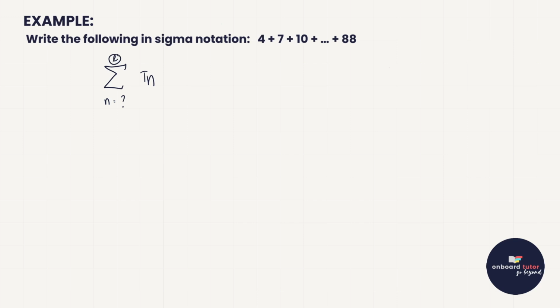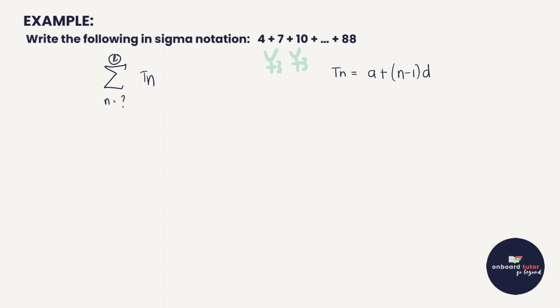Okay, so we're going to look at the series that they've given us here, and we're going to decide, is it arithmetic, is it geometric, is it quadratic? In this case, plus 3, it seems to be an arithmetic series. So we head to our formula sheet and we know that for an arithmetic series, Tn is equal to a plus n minus 1 multiplied by d.